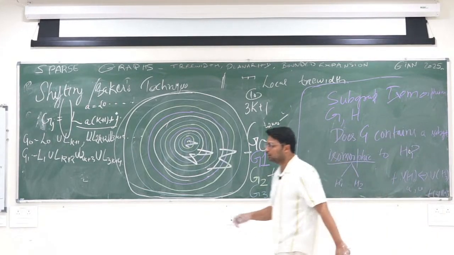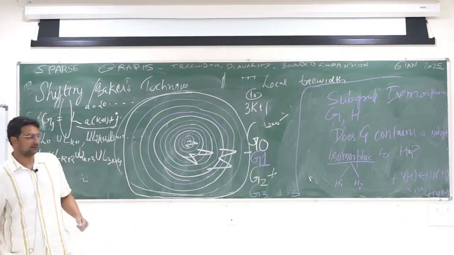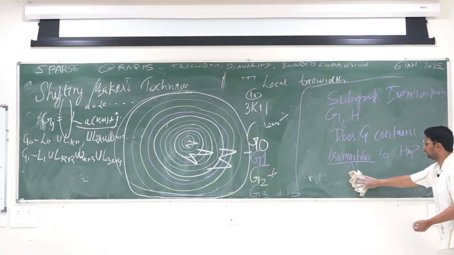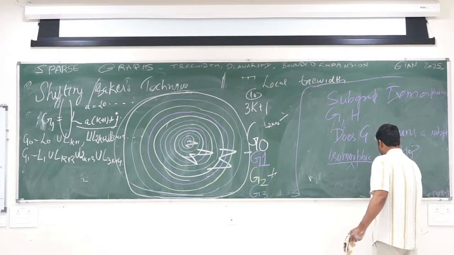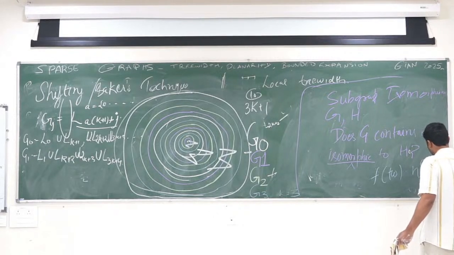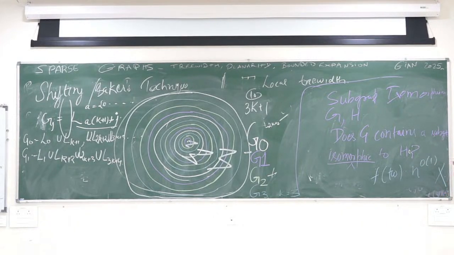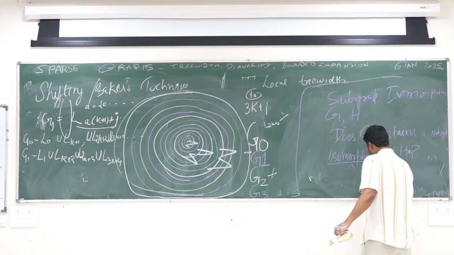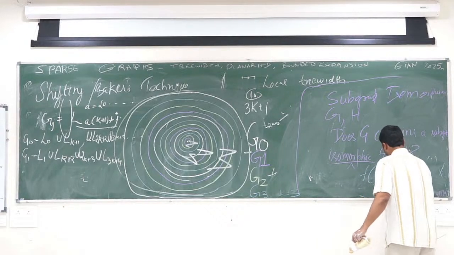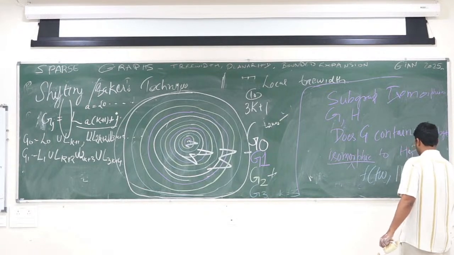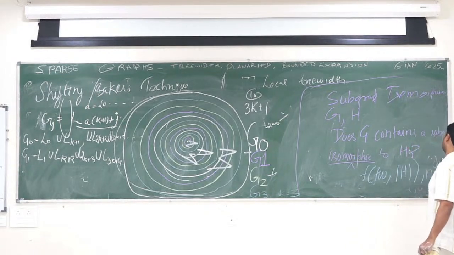Now this problem, when you take only treewidth, we don't have an algorithm of the following form: f to the power treewidth times n to the power order 1. Such an algorithm we don't have. But what we have is an algorithm of the form f of treewidth, size of H, and n to the power order 1.